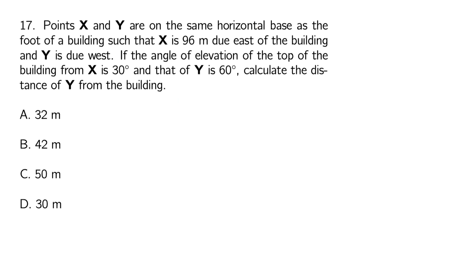All right, next question is question 17. It says points X and Y are on the same horizontal base as the foot of a building, such that X is 96 meters due east of the building and Y is due west. So we have this horizontal base. Our building is somewhere here.